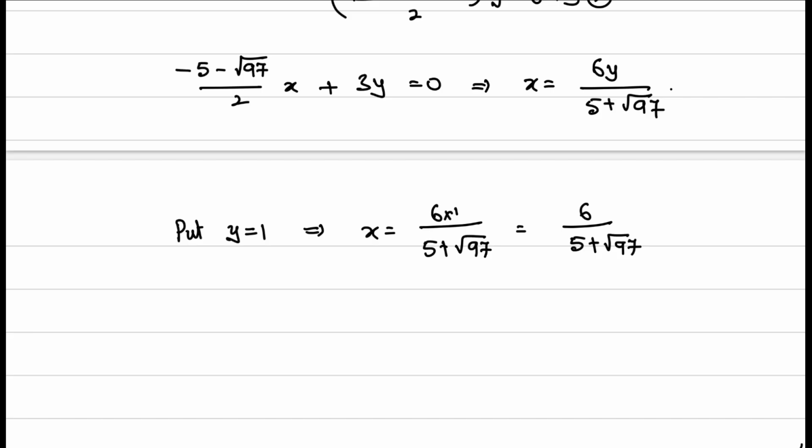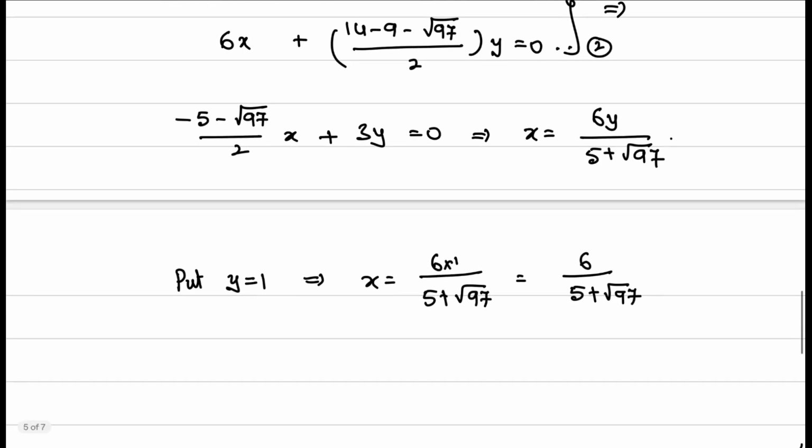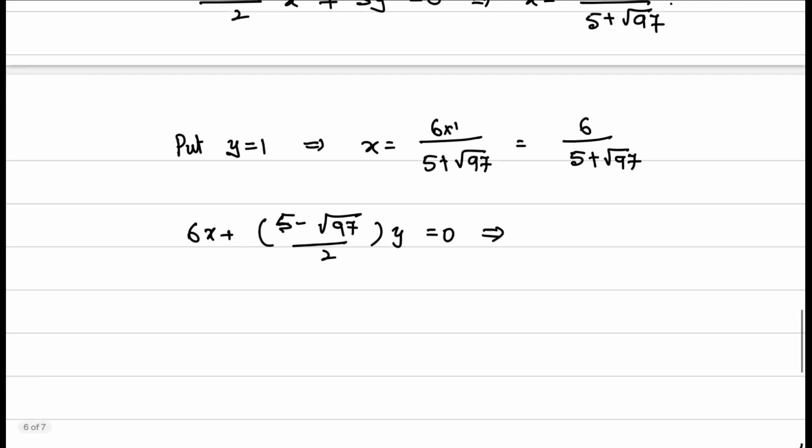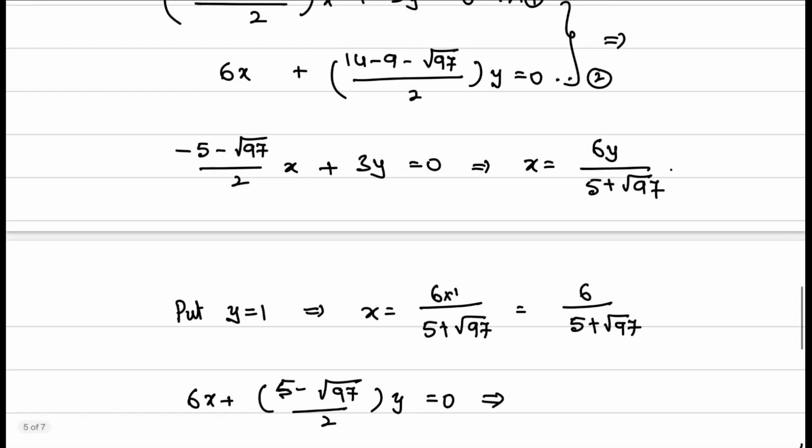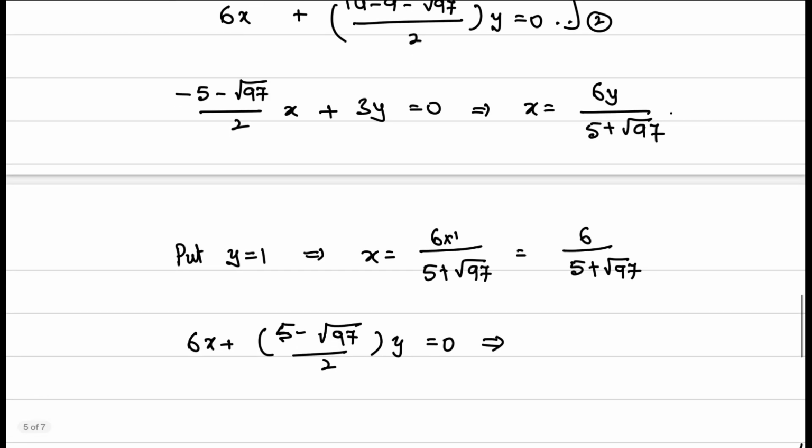Then, in the second equation, 6x plus (5 minus square root of 97) divided by 2 into y is equal to 0. This is from the second equation. Put y is equal to 1. This is 14 minus 9 minus square root of 97.